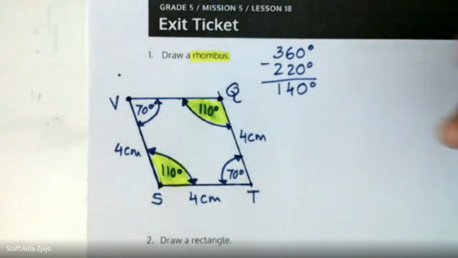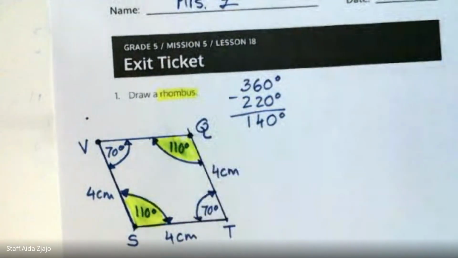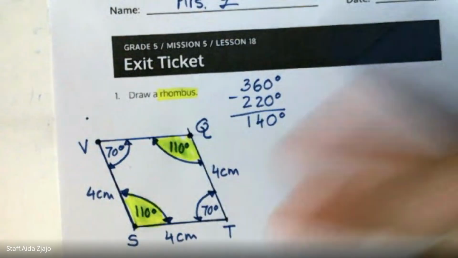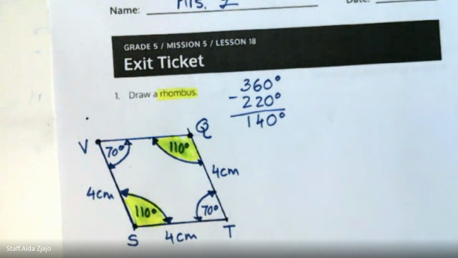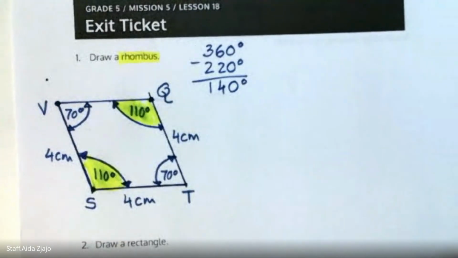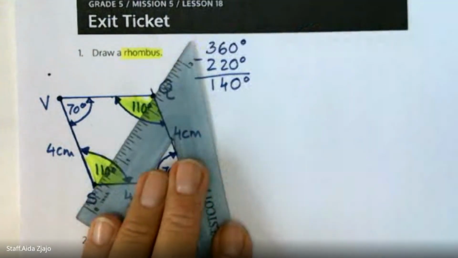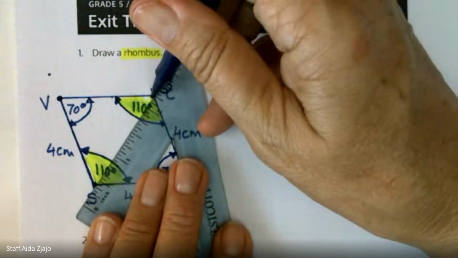So this is a parallelogram. It's a rhombus. It's a quadrilateral. It's a parallelogram, and that is one way to create it. Another way is if I draw the diagonal across.